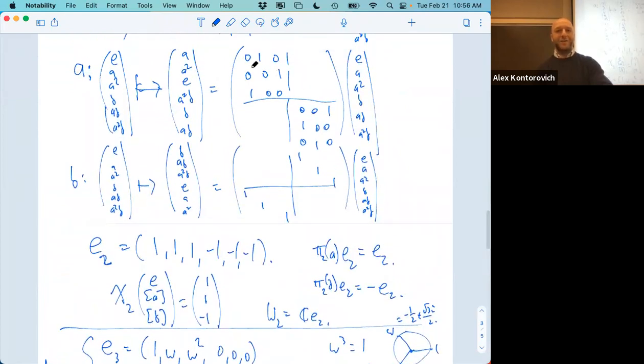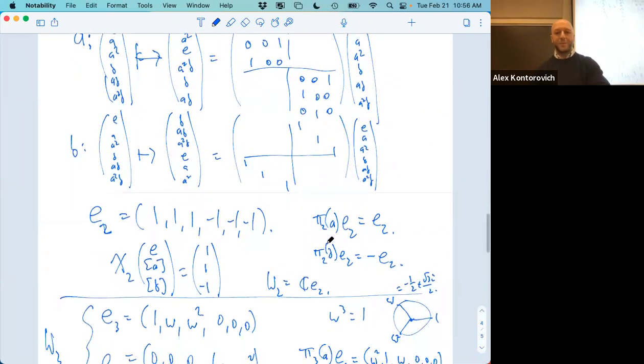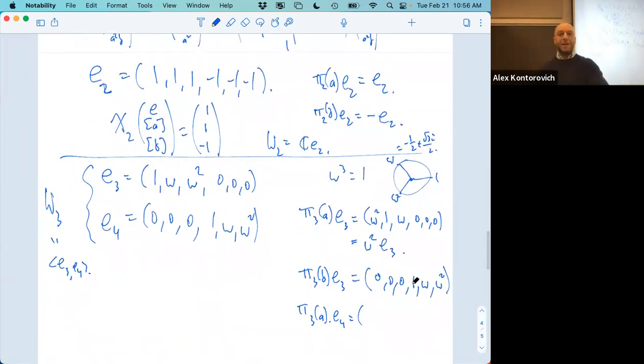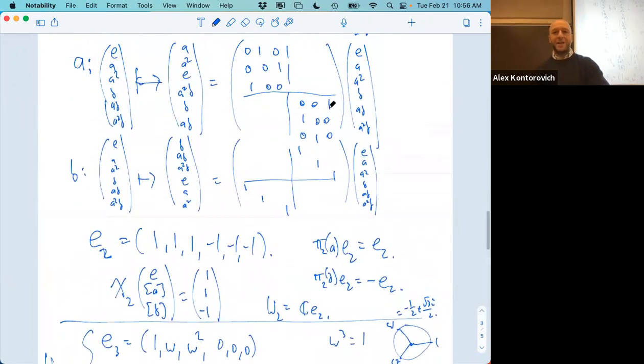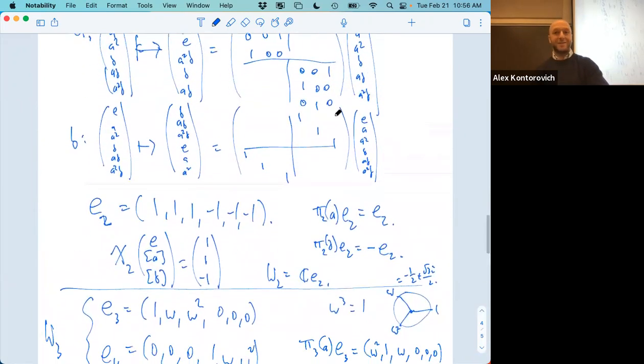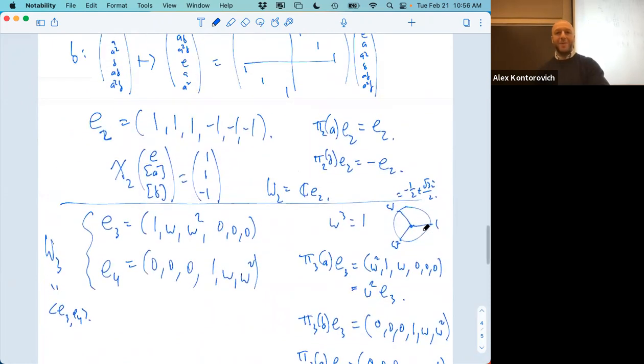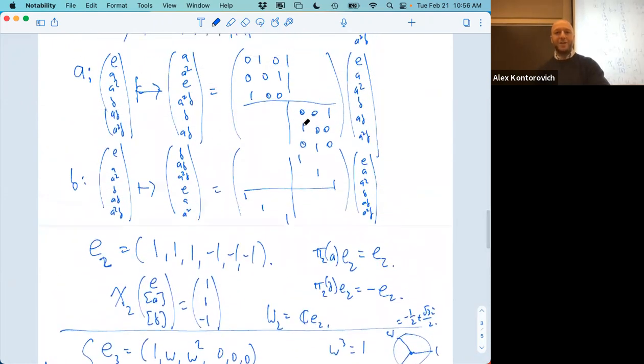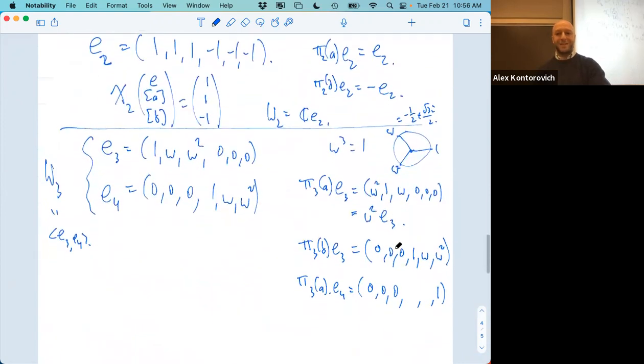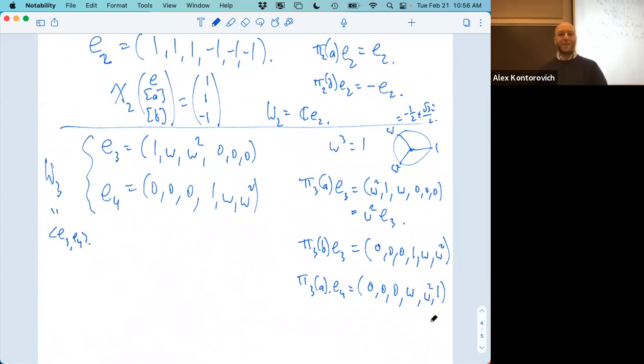A just moves around the E's, and it also moves around the B, AB, A squared B. So it sends B to 1 times A squared B. So that's 0, 0, 0, 1 times A squared B. Where does it send omega times AB? It sends omega times AB to omega times B. So there's an omega here and an omega squared there. So this is what, omega times E4?